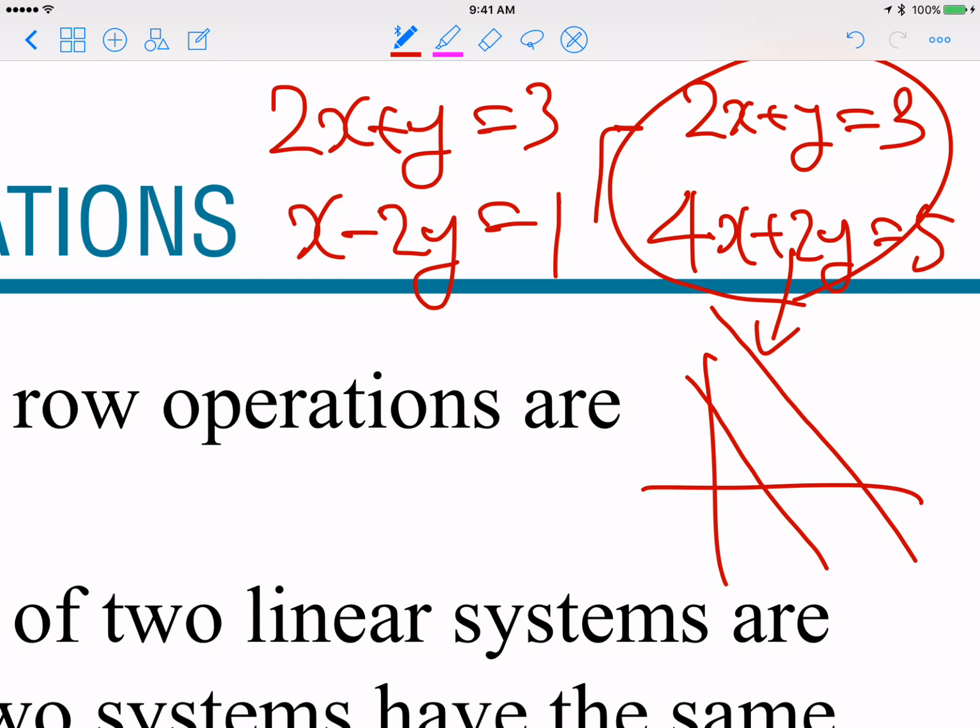But when they are parallel, then they don't have any solution at all. They have basically no solution. So we can think about these two cases: no solution or at least one solution.